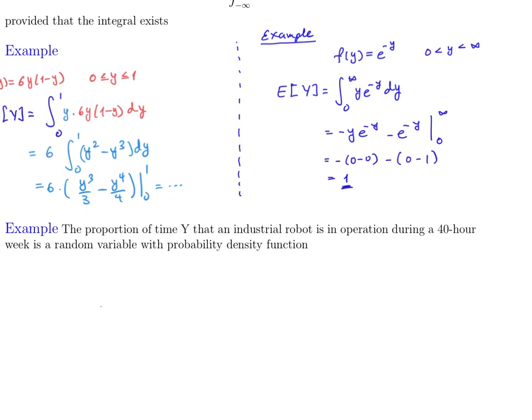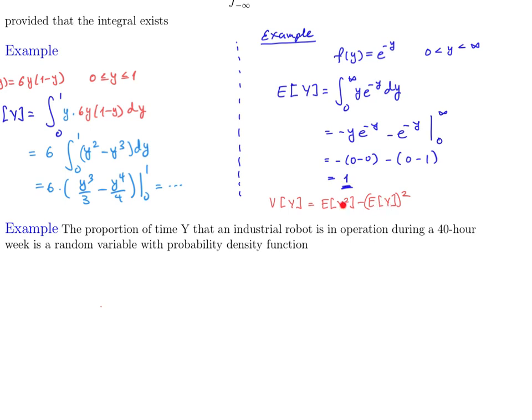By the way, if you need to find the variance, which you also need to find for some of these variables, the variance, remember, by definition, is the expected value of y squared minus the expected value of y, squared. So therefore, we already got this, which is equal to 1.